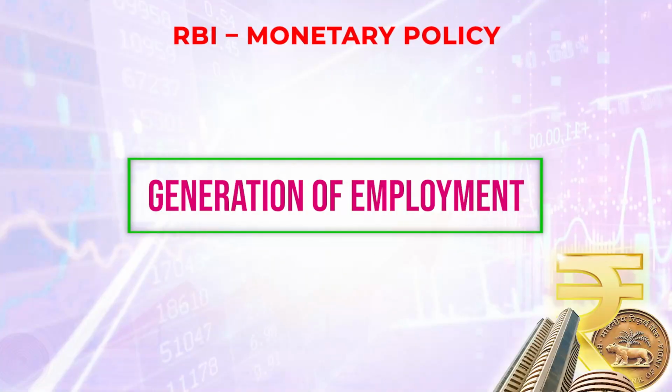Next, we can say generation of employment. If there is an extension of entrepreneurial activity, if a lower rate of interest prevails in the economy, the business may expand and more labor will be engaged in entrepreneurial activity, and there will be generation of employment.